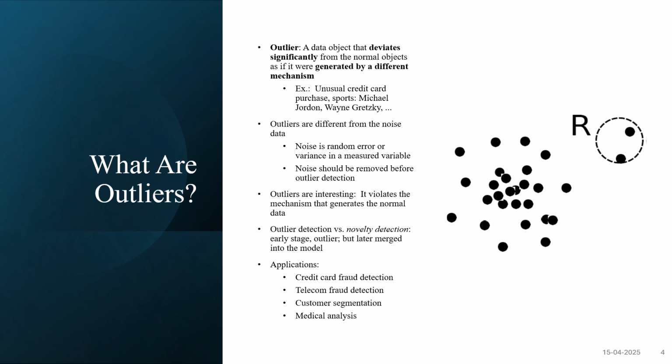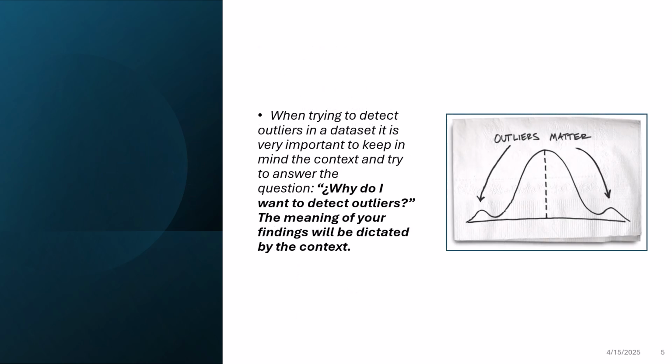So outlier detection versus novelty detection in the early stage is essential. Some of the applications we can mention here: the first one is credit card fraud detection, then telecommunication fraud detection, customer segmentation, and medical analysis. Outliers are suspected of not being generated by the same mechanism as the rest of the data.